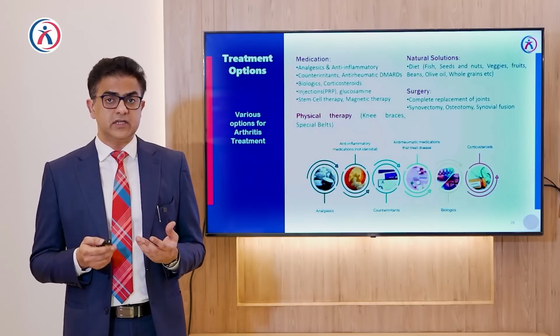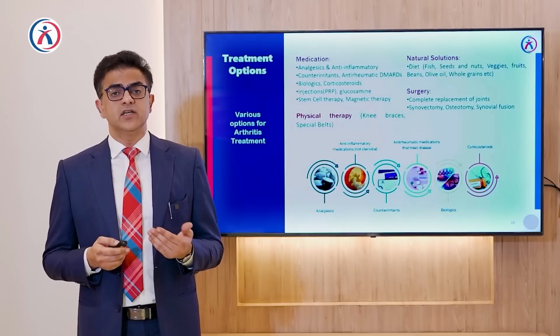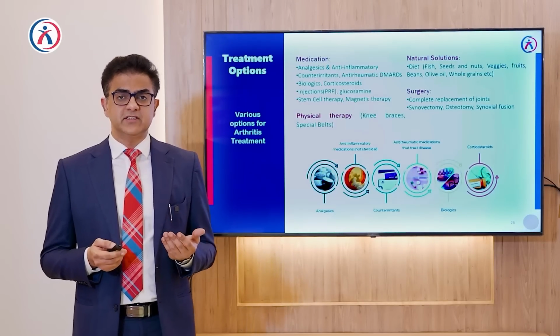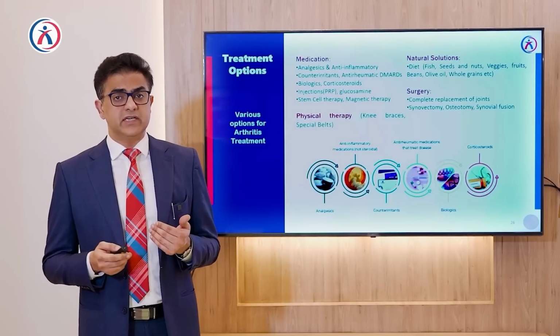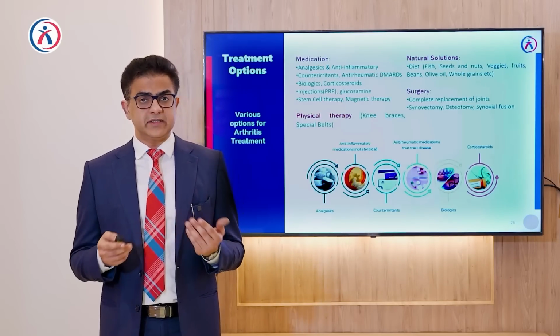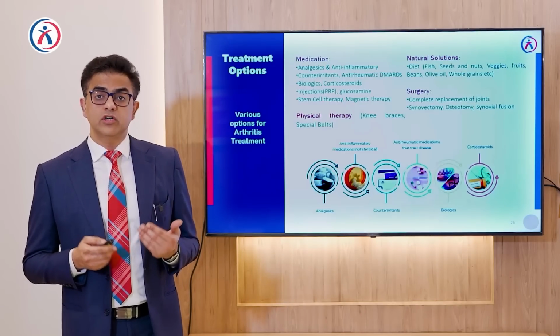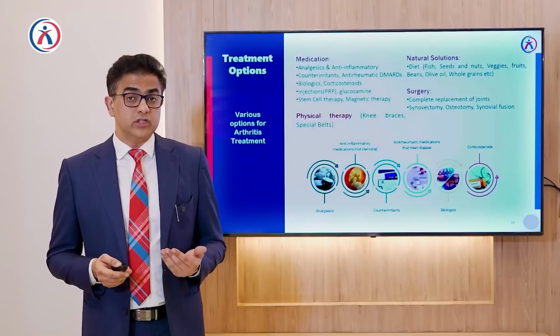Not everybody can use them. Now there is a trend for using injections of PRP, steroids, and some greasing injections, which can also help in preventing or delaying the progression of the arthritis. But newer techniques like stem cell therapies and magnetic therapies still need long-term results to actually be used practically on the ground.